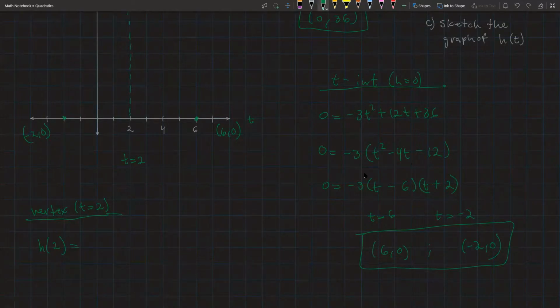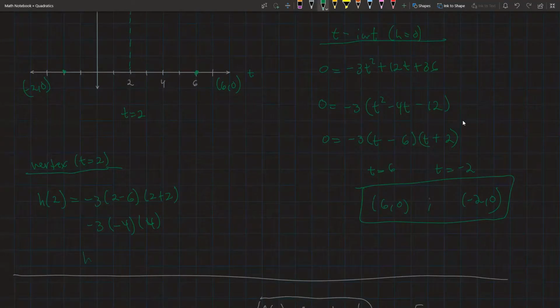Let's plug it in right here. This is not t, so just keep it as negative 3. And then 2 minus 6, and then times 2 plus 2. This should become negative 3 times negative 4 times 4. So the height at t equals 2 should be 48.